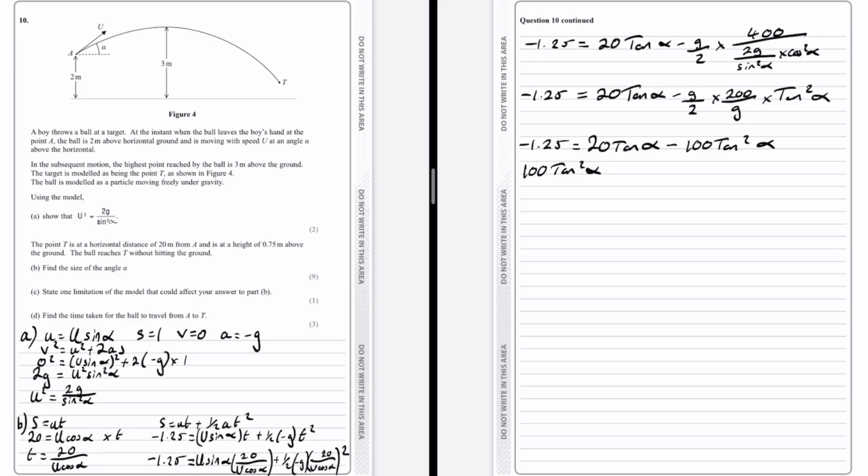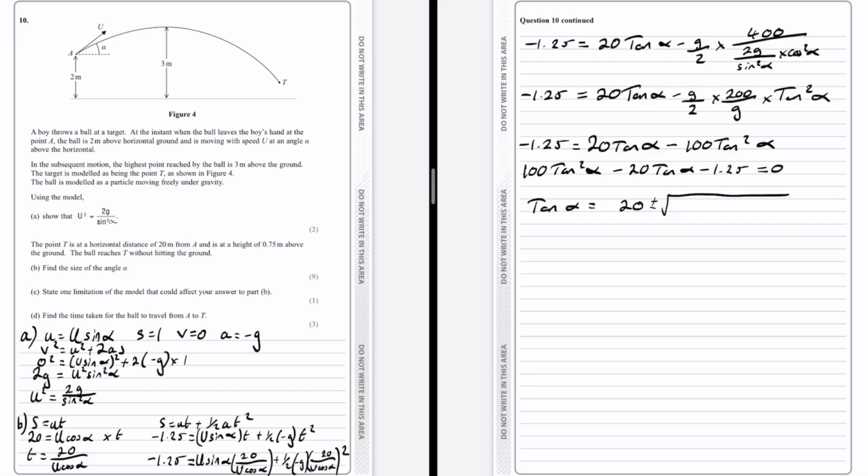We now are dealing with a quadratic in terms of tan alpha, so I'm going to write it in descending powers of tan alpha. So 100 tan squared alpha minus 20 tan alpha minus 1.25 will be equal to 0. And so I'm going to plug that into the quadratic equation formula.